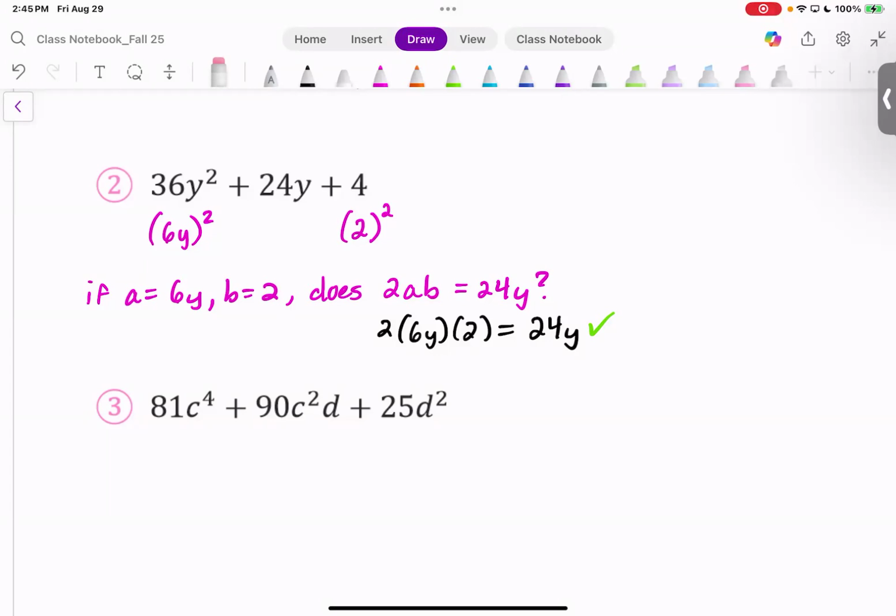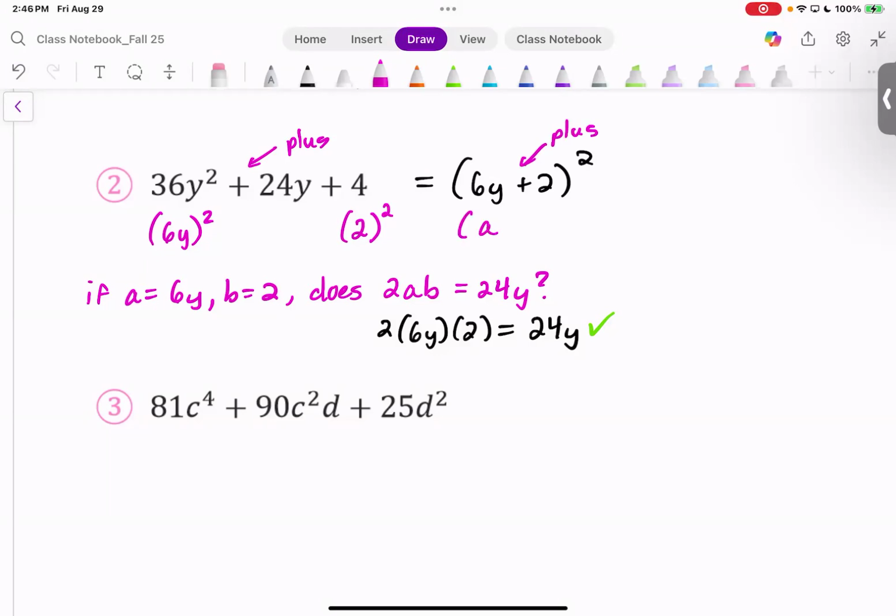And I'm going to start here and I'm going to say that I have 6y plus 2 squared. This was plus, so this is plus.